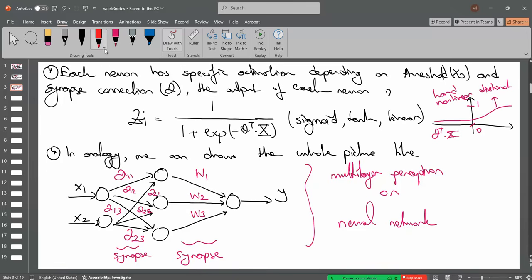We should also say that this is the input layer, this is the output layer, and this is the hidden layer, as we call it. So, any questions?